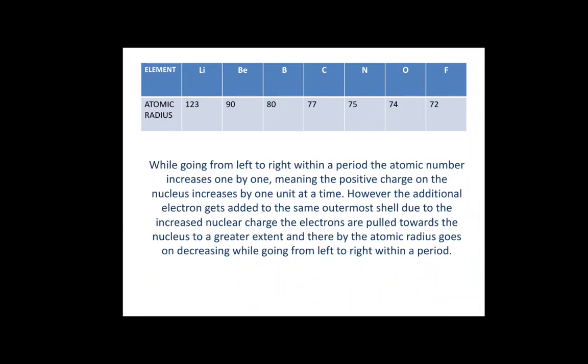Due to the increased nuclear charge, the electrons are pulled towards the nucleus to a greater extent, and thereby the atomic radius goes on decreasing while going from left to right within a period. Here is the example of the second period, that is lithium, beryllium, boron, carbon, nitrogen, oxygen, and fluorine. We can see that from left to right the atomic radius goes on decreasing.